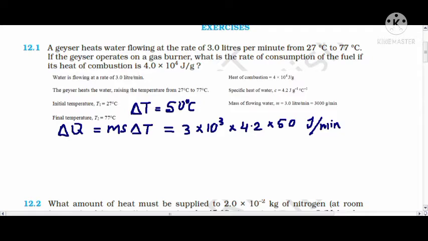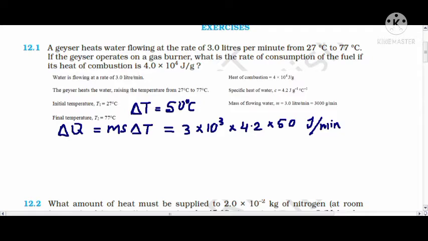Now, from 1 gram of fuel, we get the heat 4 into 10 power 4 joule. Therefore, the amount of heat absorbed we can calculate as the rate of consumption of the fuel.